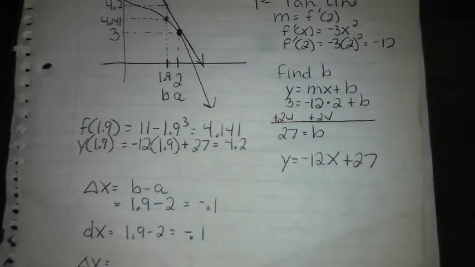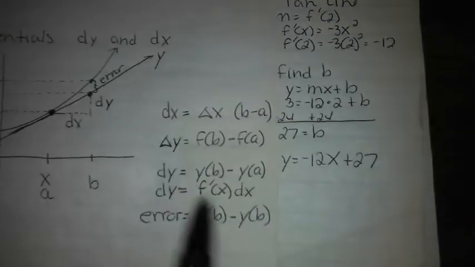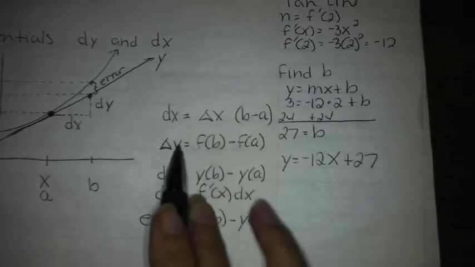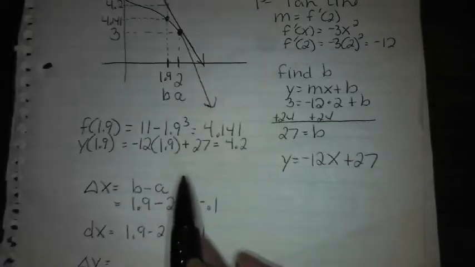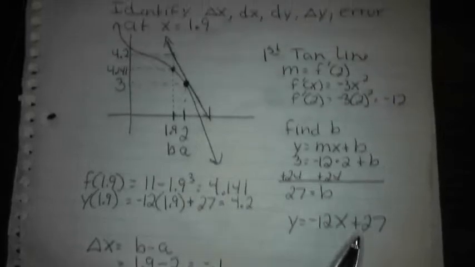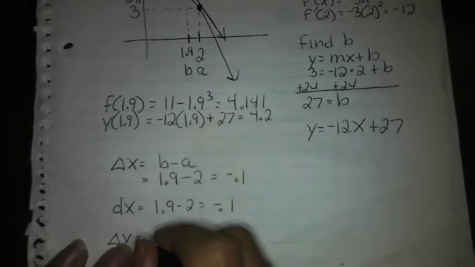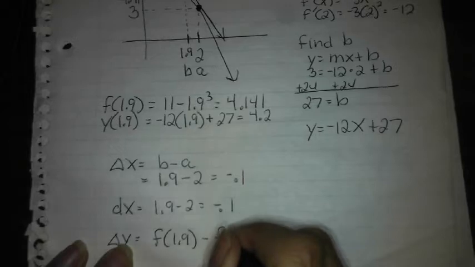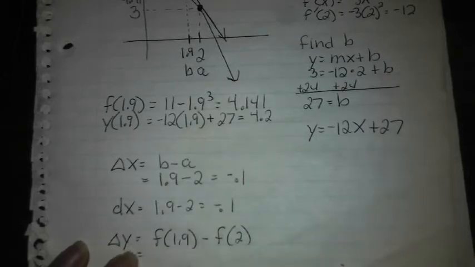If you look at the definitions, delta y is on the original function. I have to subtract the two y values, so that would be that cubic. I want the f of 1.9 minus the f of 2, and we have these up here already.